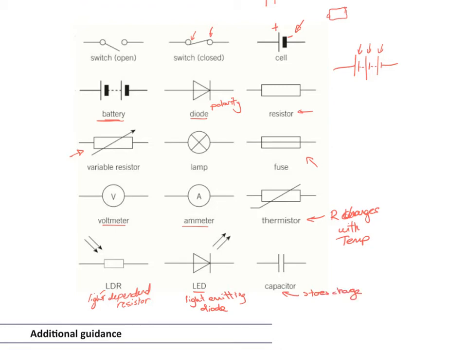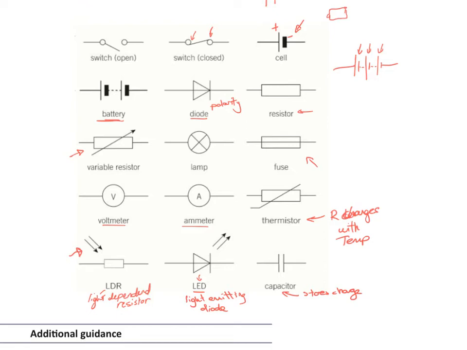There are a few things that used to help me remember some stuff. So the LDR is like a resistor, but with two light arrows going towards it. I used to think of it, since it depends on the light, the light has to go in. And with the LED, light emitting diode, it gives out light, so the arrows are going outwards away from it.